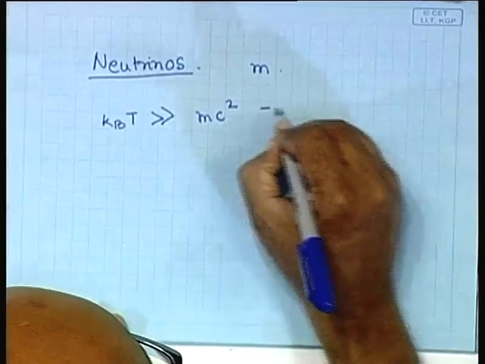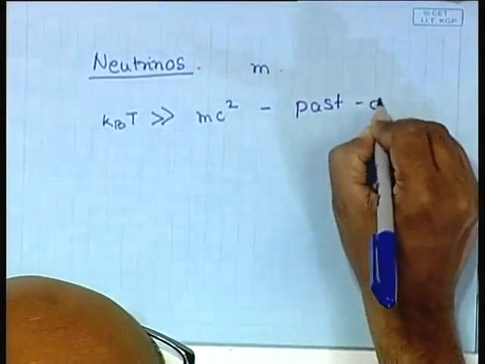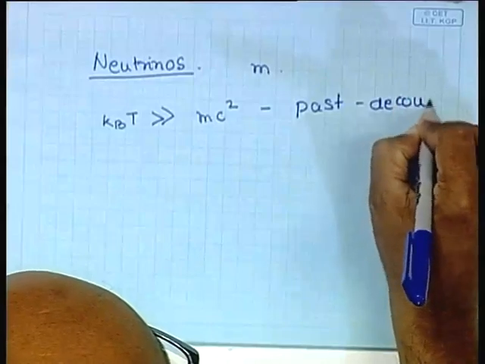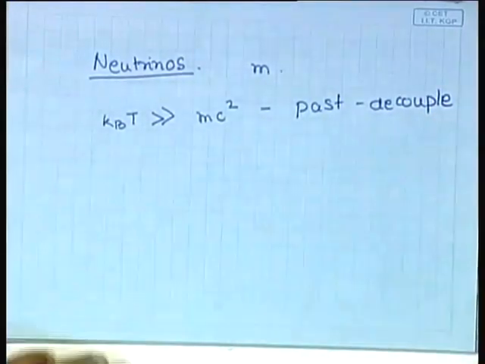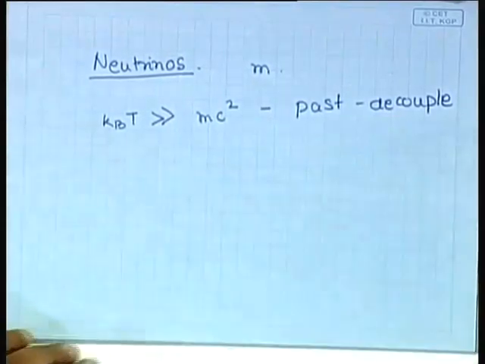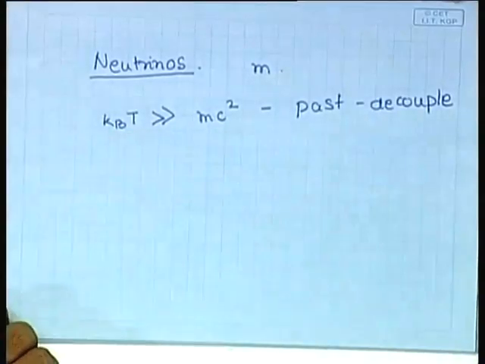Now, the question that I ask is, what is the neutrino distribution now? This is when they go out of thermal equilibrium in the past, when they decouple. By decouple, I mean that they are no longer interacting with the rest of the matter. So, at some high temperature in the past, the neutrinos were in equilibrium and then they stop interacting; they decouple.